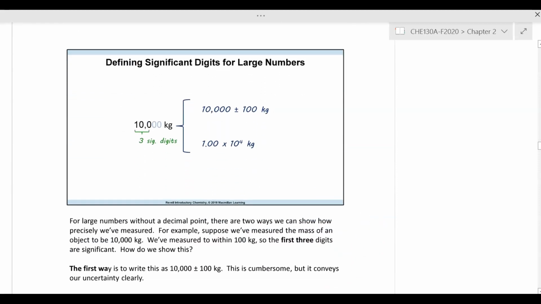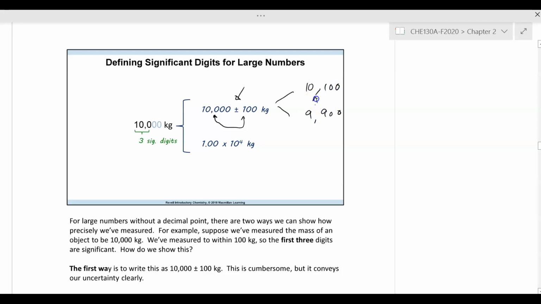When you have large numbers like that, it's kind of hard to express that. Sometimes we use this plus or minus indication here to say that, okay, we know that it's 10,000 out to this point, and basically we're saying this is between 10,100 and 9,900.